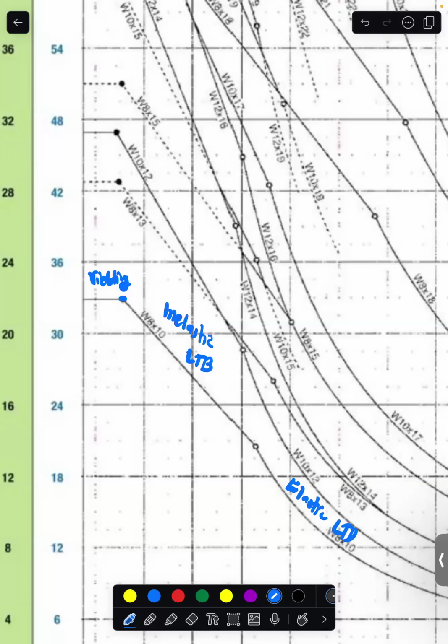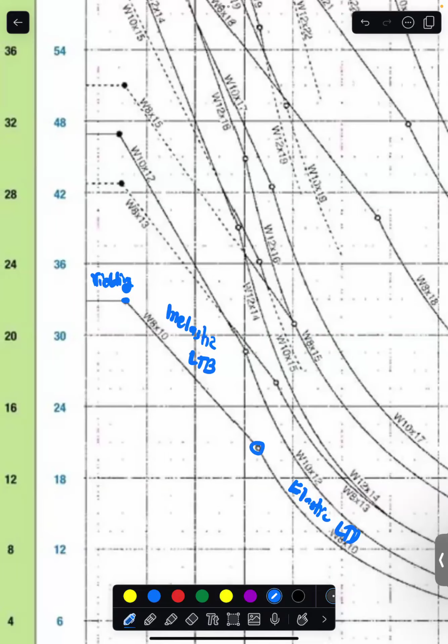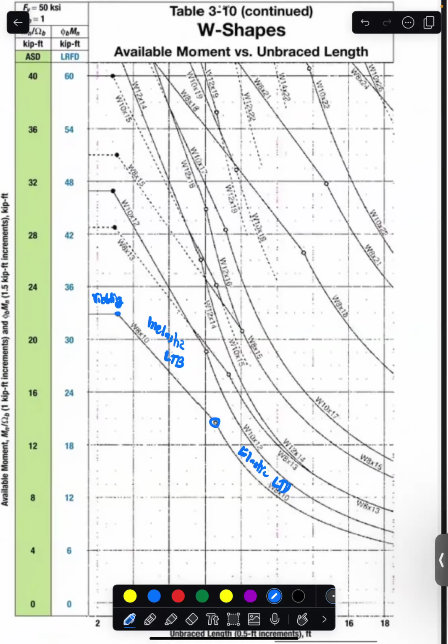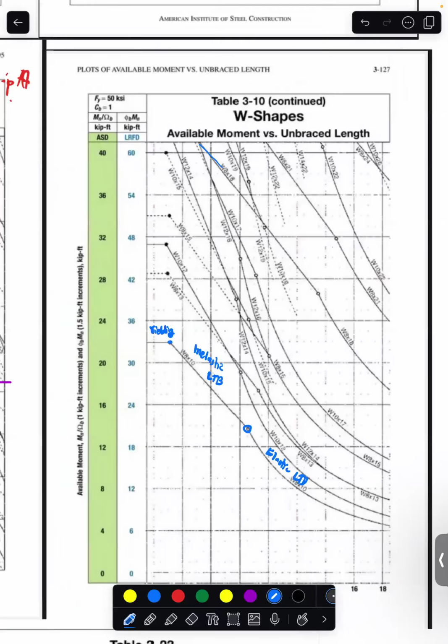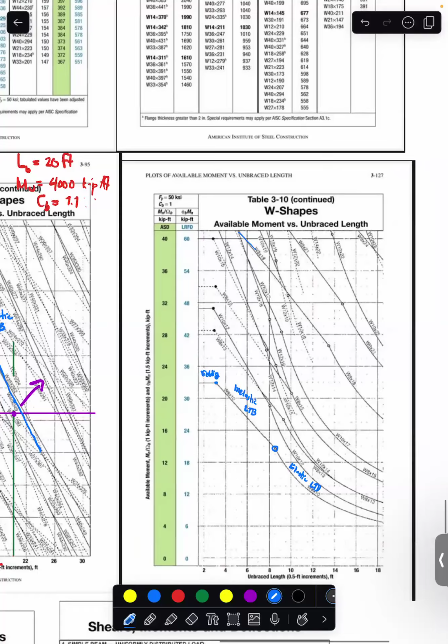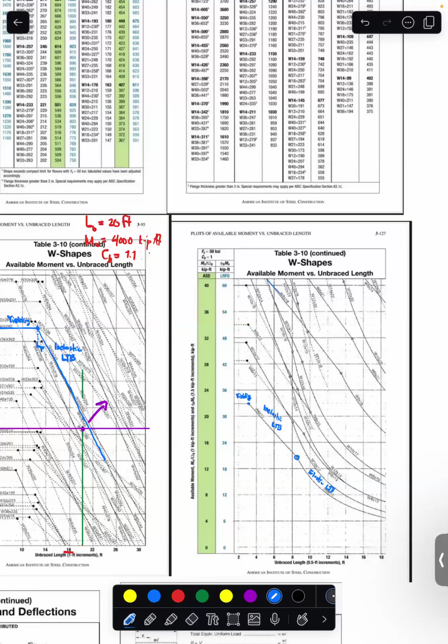So this hollow dot right here represents yung boundary between the inelastic LTB region to the elastic LTB region. So mapapansin mo, straight line dito, kurbada na yung linya. Yun yung ini-indicate nito. So, this will enable engineers to devise na ay, hindi ko gusto ng elastic LTB na limit state.